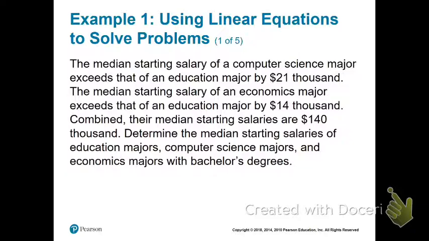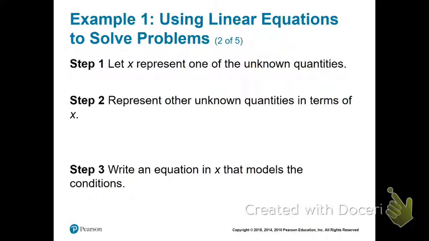So let's let x be the starting salary of education majors. It doesn't matter, you could pick any of them. I just picked that one. So x is going to be the salary, really the starting median salary, but we're going to say the salary of education majors.